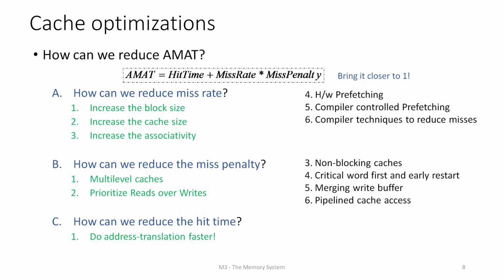Now, a few other approaches which are looking at the miss penalty are non-blocking caches, critical word first and early restart techniques, merging the write buffer, and something called pipelined cache access.